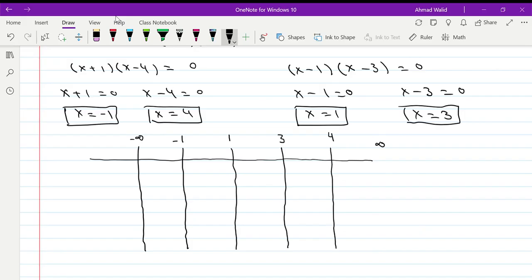Now, factors. You have x plus 1, you have x minus 4, you have x minus 1, and you have x minus 3. And in the last row, your polynomial.